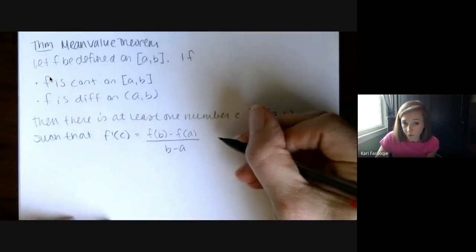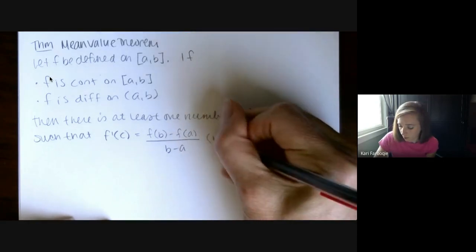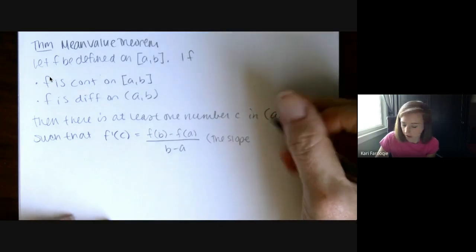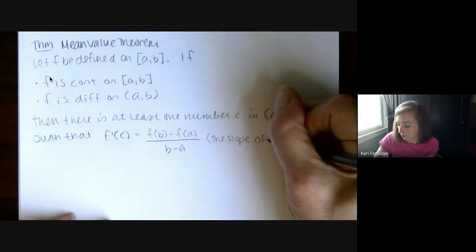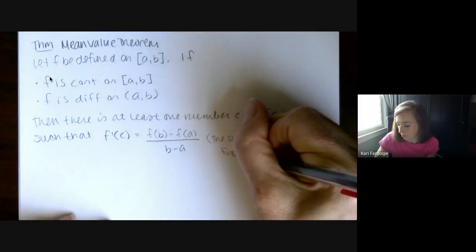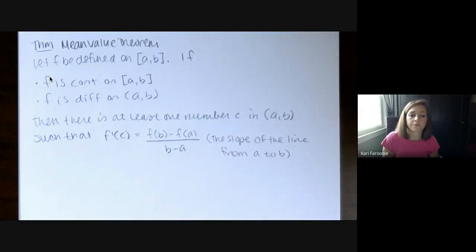So f of b minus f of a divided by b minus a is the slope of the line from a to b. And a and b are your endpoints.